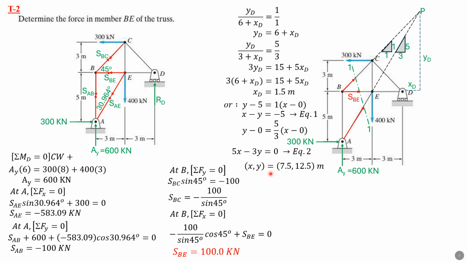Then yP is 12.5, 5 plus YD, where YD is 7.5. Not shown here, but you can solve it from here. 6 plus XD 1.5 is 7.5, so that's 7.5 plus 5. That's why we have 12.5 with reference at A.